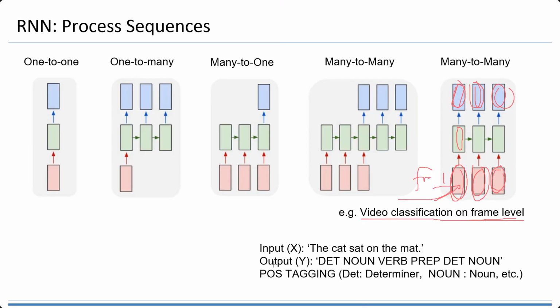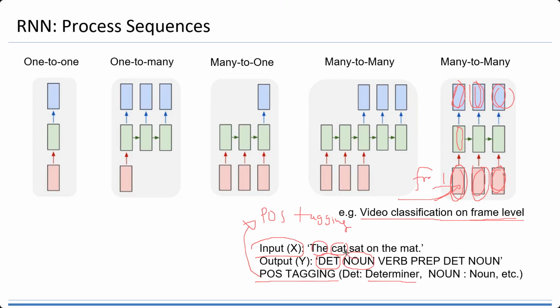Or you can have the POS tagging. I don't know if you still remember, in week 2 or week 3, we learned about POS tagging. In POS tagging, I want to know what each word is. "The" is a determiner, so we put the tag determiner. "Cat" is a noun.